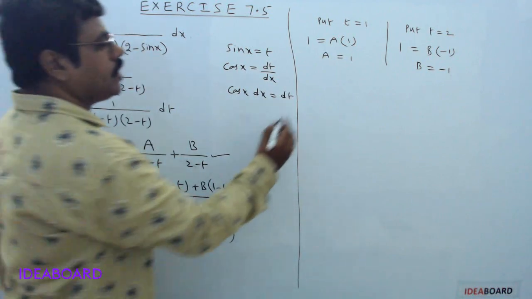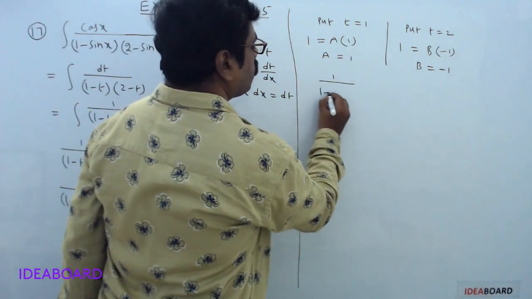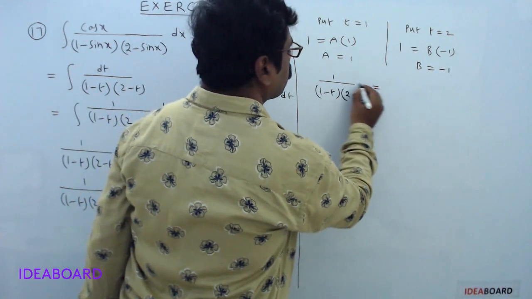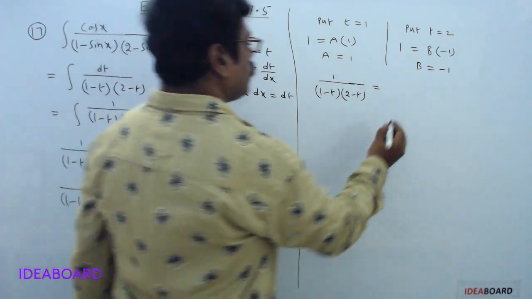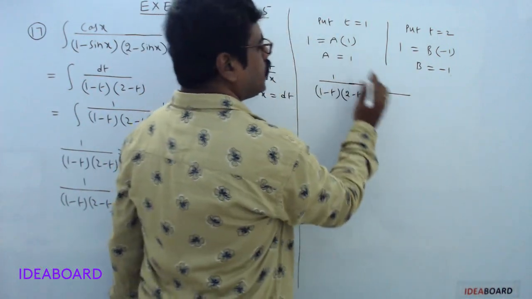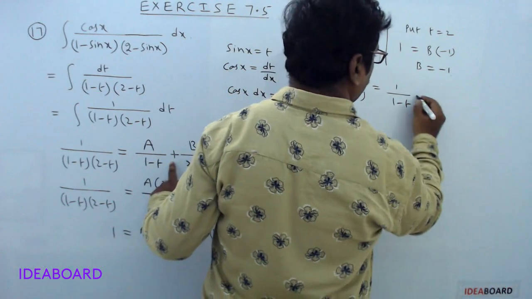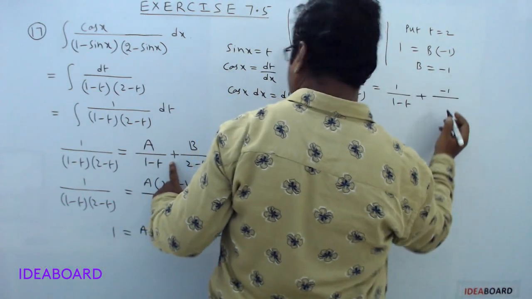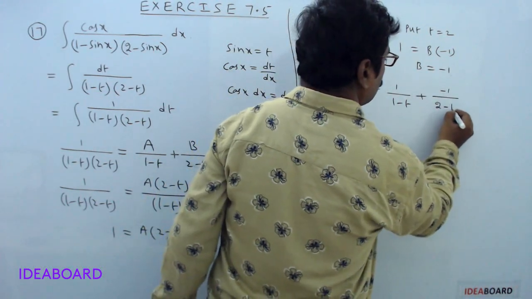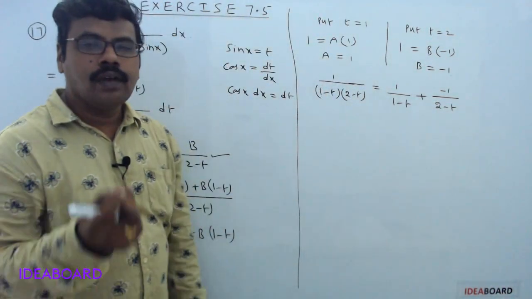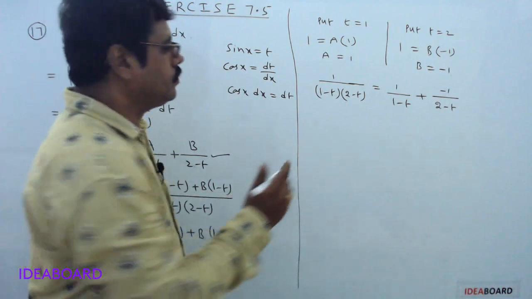So 1 divided by (1 minus t) into (2 minus t) equals a divided by 1 minus t plus b divided by 2 minus t. A value 1, b value minus 1, so 1 divided by 1 minus t plus minus 1 divided by 2 minus t. Integrating on both sides with respect to t.